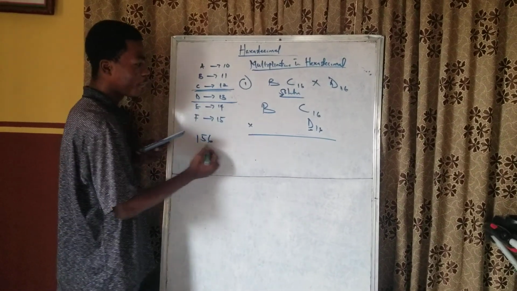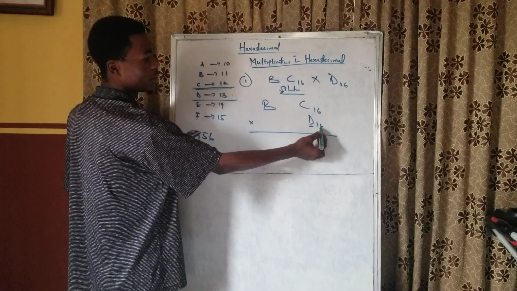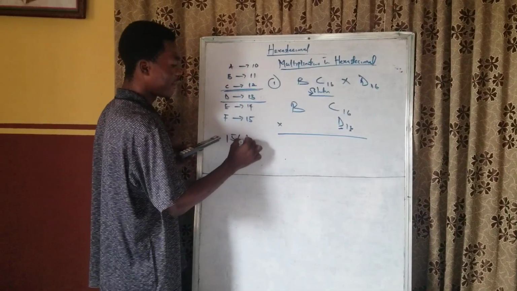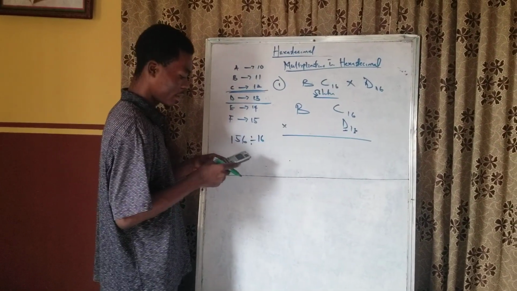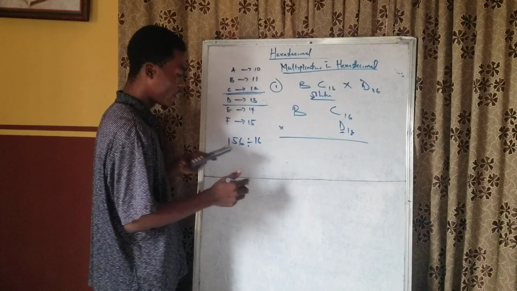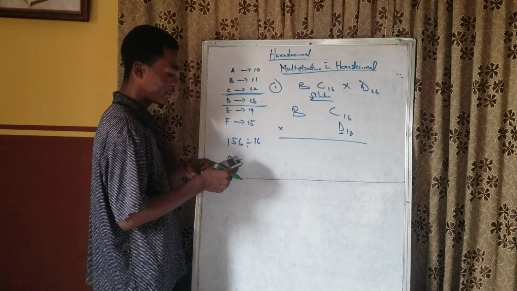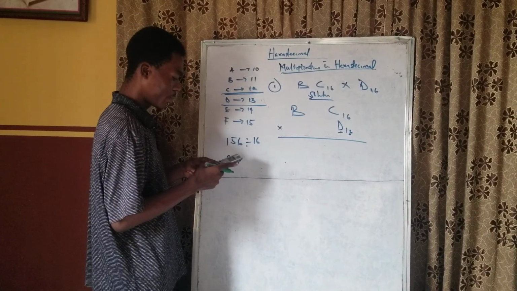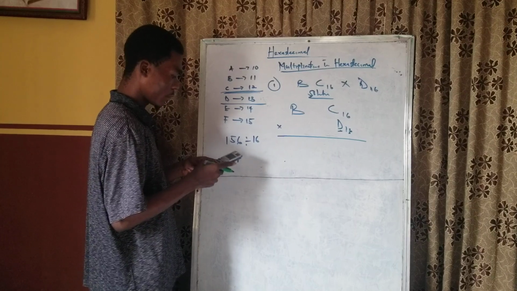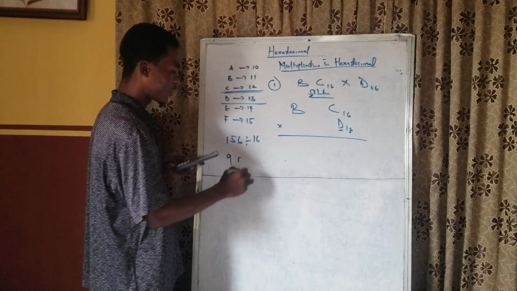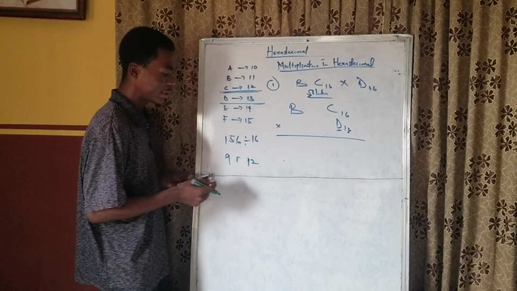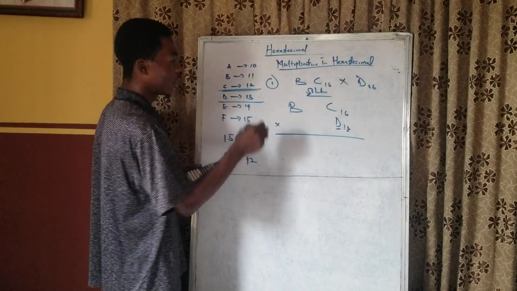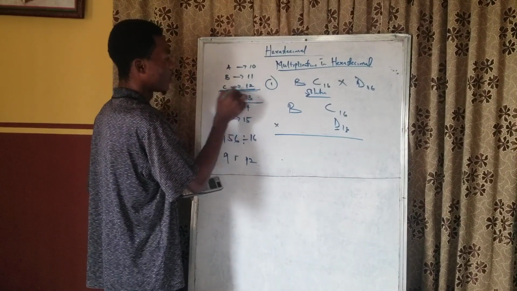The value 156 is greater than the base, so we divide 156 by 16. We have 9 remainder 12. What is our 12? 12 is C.